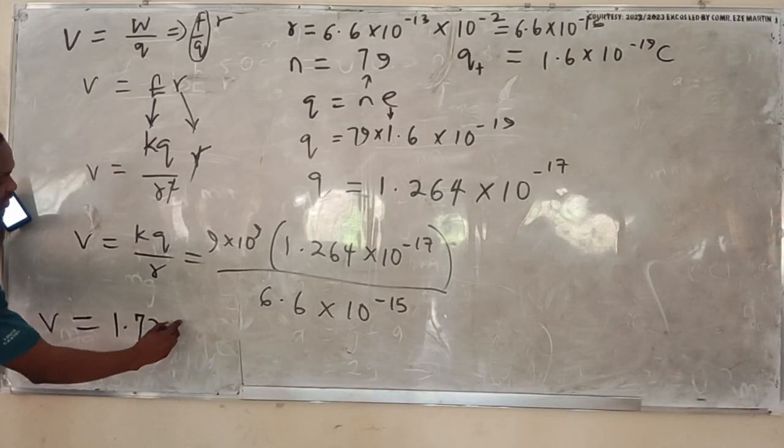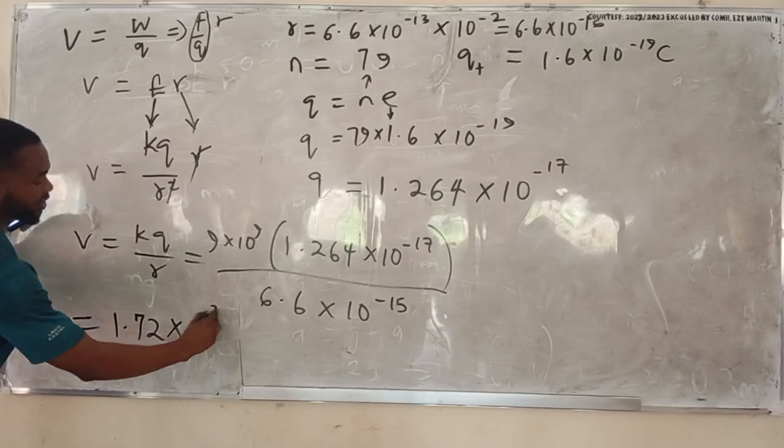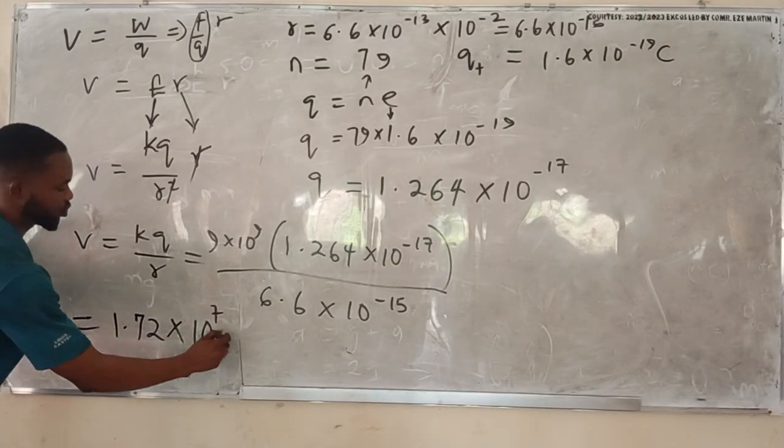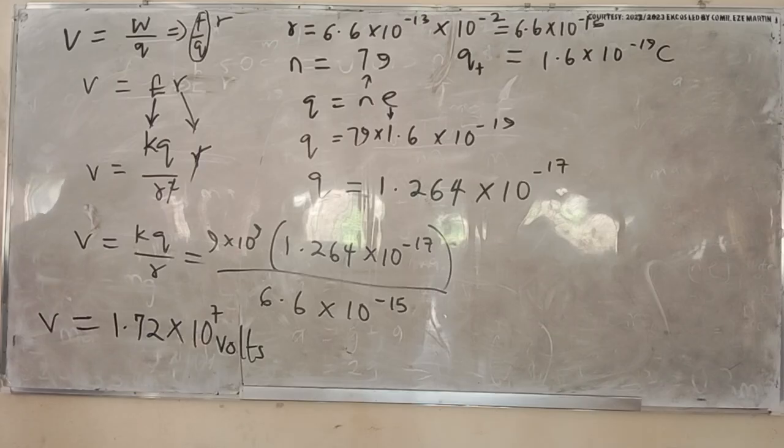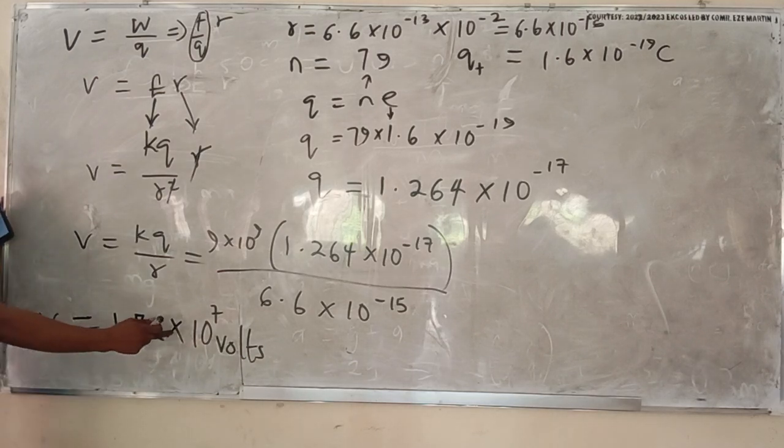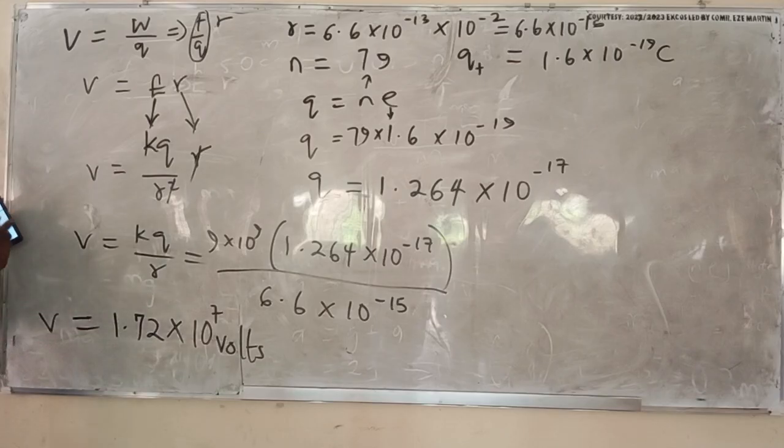1.72 times 10 raised to the power 7 volts. Please make sure it's correct. Okay, yeah, you are correct. In your textbook, they wrote their own as microvolts. Do you know why they wrote it as microvolts?